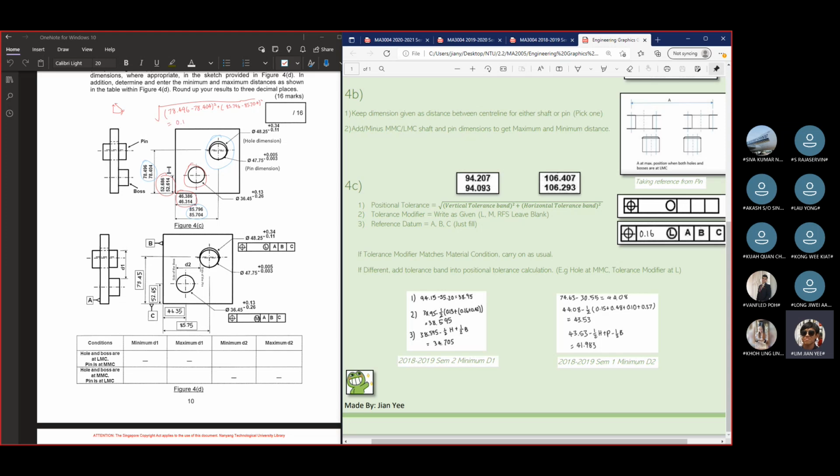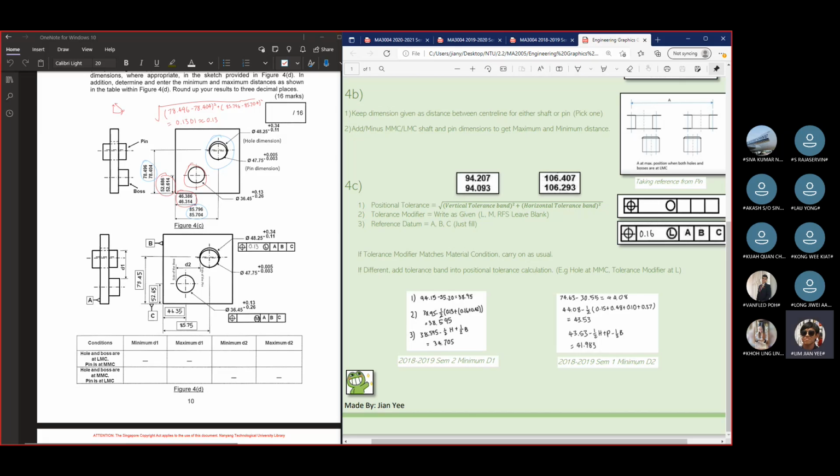Round off to 2 decimal places, you get 0.13. That will be your positional tolerance for the light blue. Sorry if I wrote in the wrong pen. So you can write here 0.13.